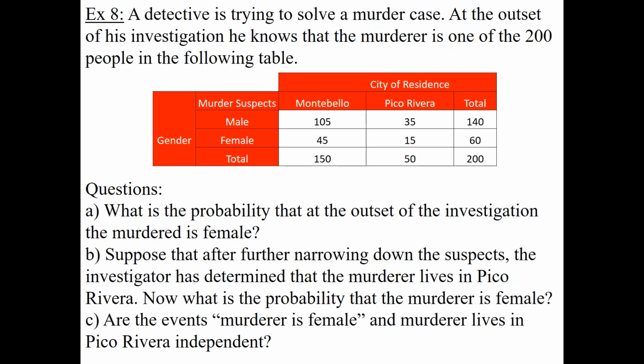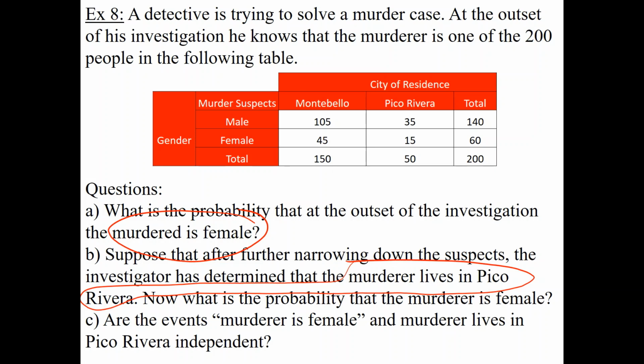All right, so look, there's no letters for events mentioned in this question. So the first thing you want to do is make up letters for the different events. There's only 2 events mentioned. One of them is that the murderer is female. So we'll use F for that event. And murderer lives in Pico Rivera is the other event. So I think I'll use PR for Pico Rivera for that one. Okay, let's go ahead and write that down first.